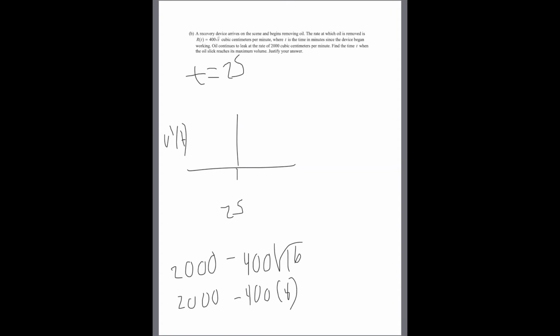That becomes 2000 minus 1600, which is 400, which means that this is positive. And then when you go beyond, I'm going to plug in 36. That one's closer. So 2000 minus 400 times 6.